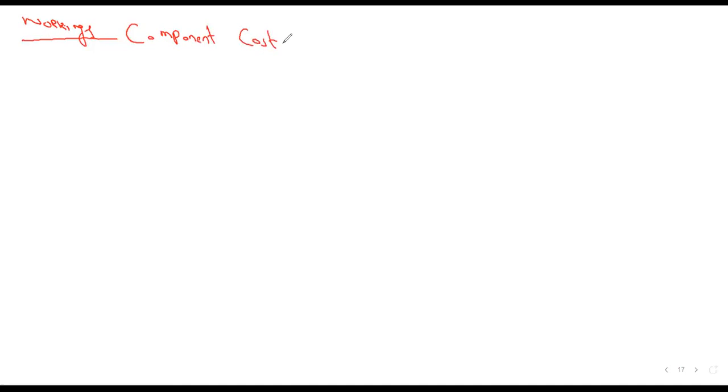I think the first thing we have to do is convert, since the component cost is in dollars. The component cost was in the dollars, so convert these dollars into the FF. Okay, let's do it.